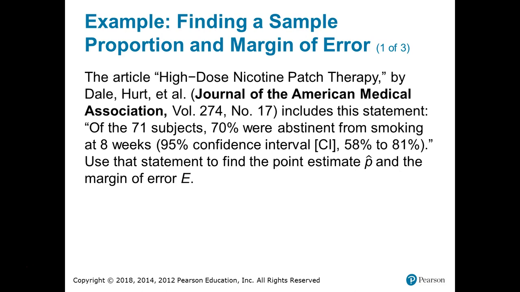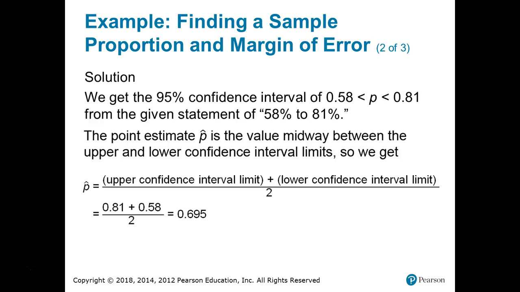So the article, High-Dose Nicotine Patch Therapy, includes a statement. Of the 71 subjects, 70% were abstinent from smoking at 8 weeks. We are 95% confident. The 95% confidence interval has a lower limit of 58% and an upper limit of 81%. Use that statement to find the point estimate p hat and the margin of error.